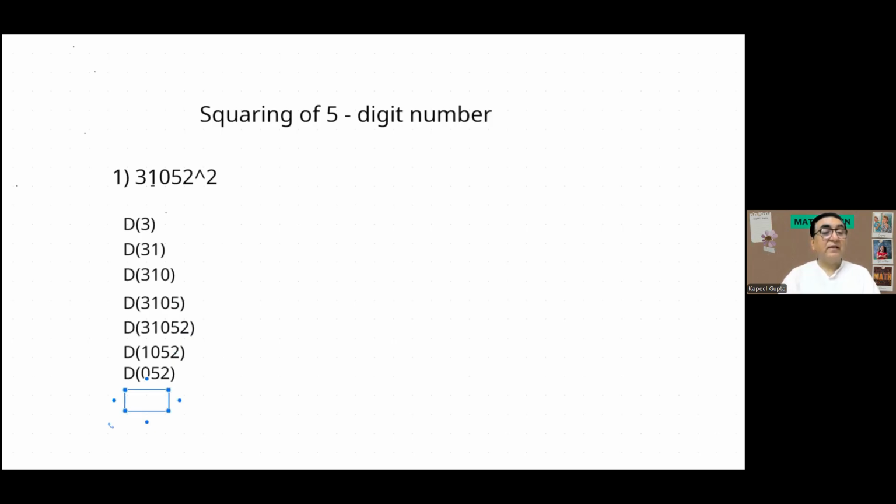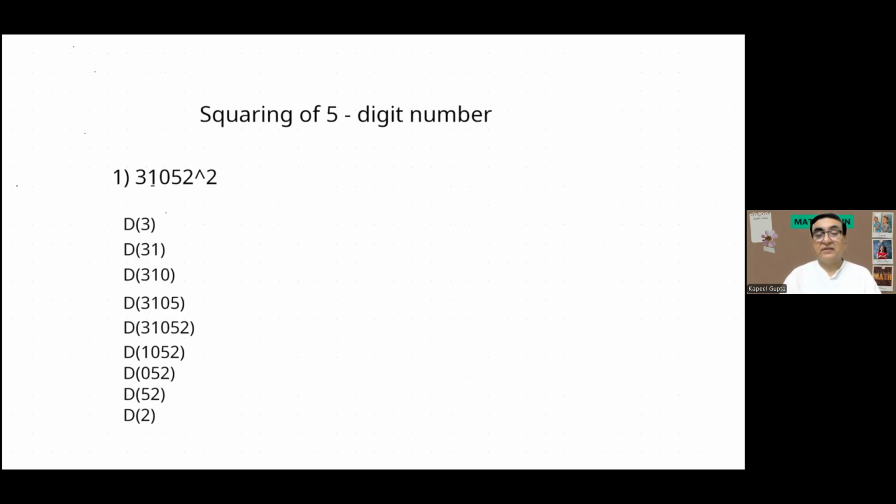And finally, I have now just a single digit remaining. That is the last one, that is 2. So now this is the sequence that needs to be followed, and these duplexes I need to calculate. So for now, let's start calculating.